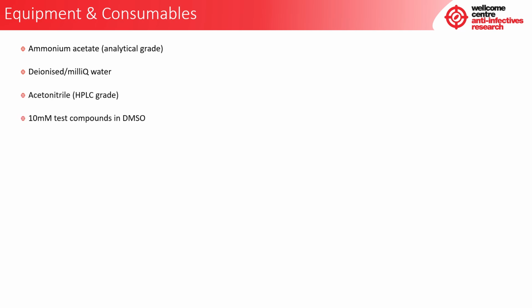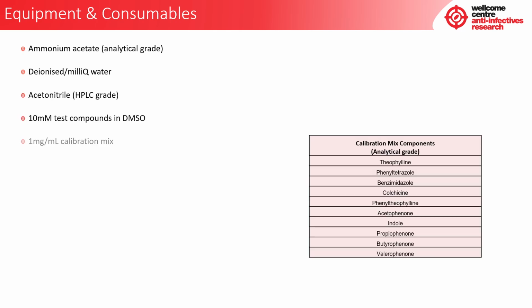For this experiment, you will need ammonium acetate, deionized or Milli-Q water, acetonitrile, 10 millimolar test compounds in DMSO, and 1 mg per ml calibration mix. The table to your right details each of the calibration standards, which should all be in the mix.